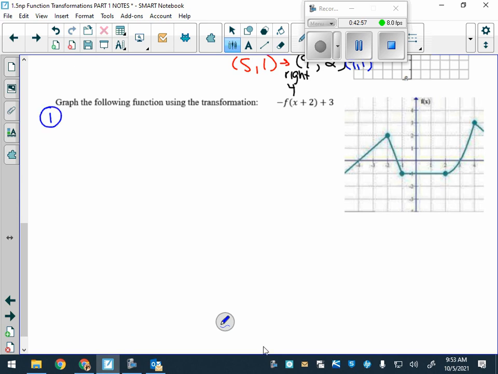Let's see my cards. Lily Wade, what's one transformation? The first one. I'm going to put that as number 2, but you are right. Left 2. Emily, what's another one?